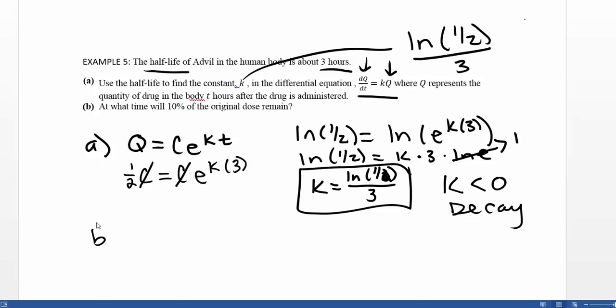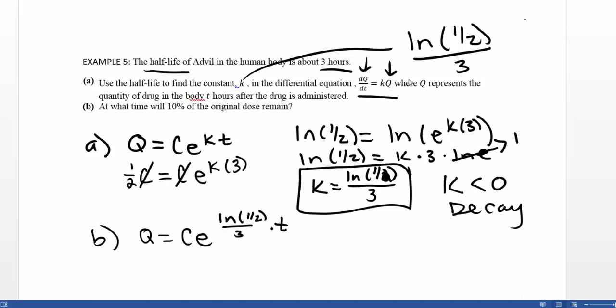Now for part B, now that I know my k, I want to know at what time will 10% of the original dose remain. So again, I go back to my original equation. I start here, Q equals Ce^(kt), but now my k is the natural log of 1/2 over 3 times t.